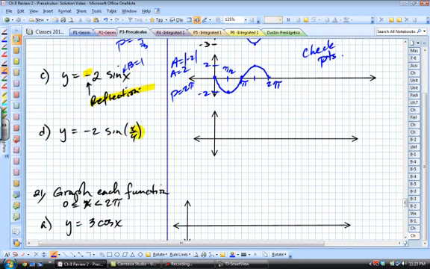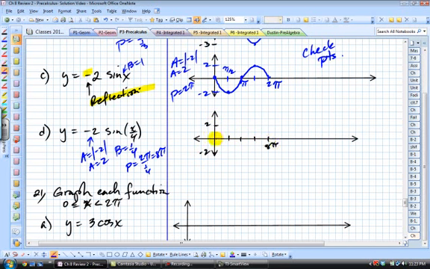Okay, next one, another reflection, but now b is 1/4. That means p is equal to 2 pi divided by 1/4, or 8 pi. Right here, a is equal to the absolute value of -2 again. A is 2. So here's 2, negative 2, 1, 2, 3, 4, 8 pi.